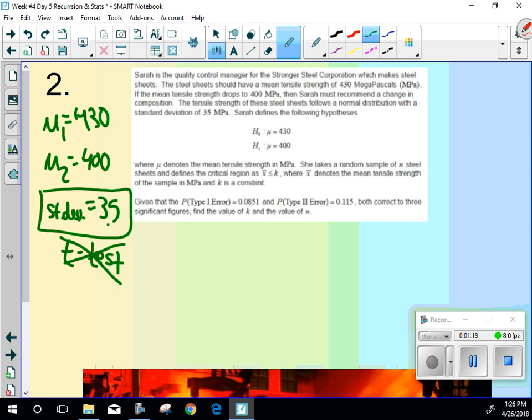The challenge is that originally x bar is the normal distribution of 430, comma, what is that? Sigma over square root of n. Nope, just n. Okay? That's what we start with.